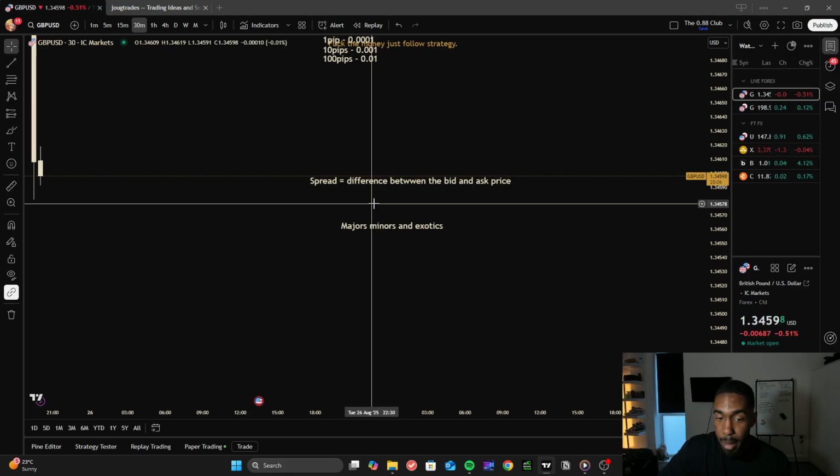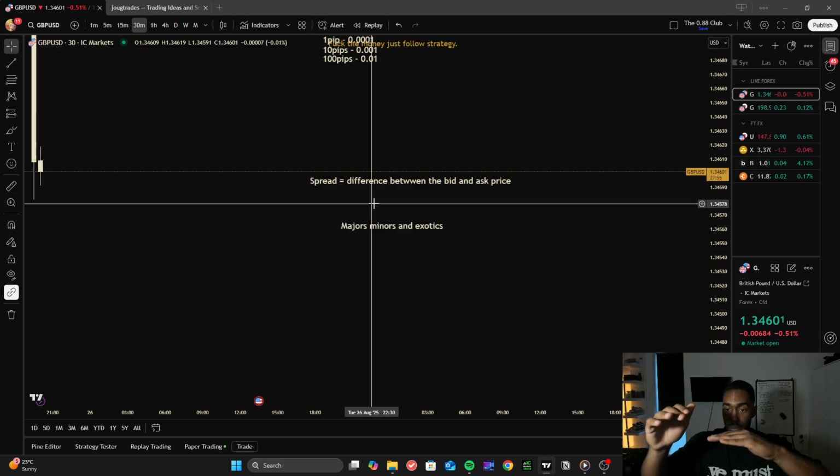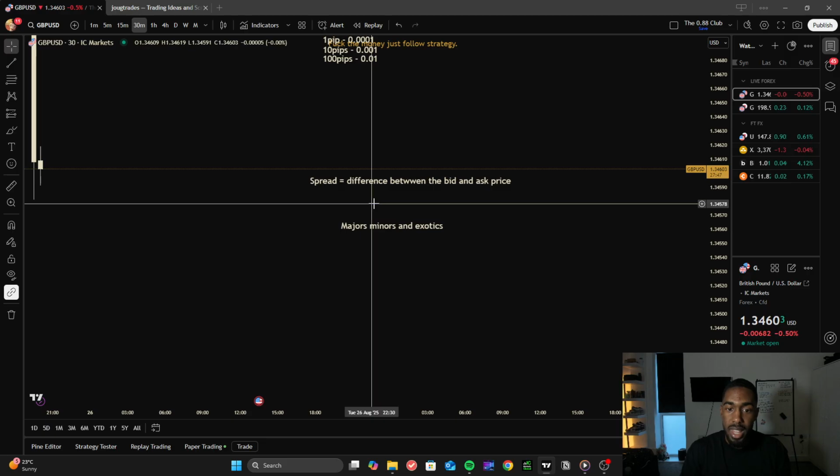If you're buying, you're going to get placed higher. If you're selling, you're going to get placed lower, which is bad because if we're buying, and price is here, we don't want to get placed here, meaning we have to wait till price comes up to here till we make a profit. We don't want that. Spreads are bad. Brokers charge you a spread to make money off you.